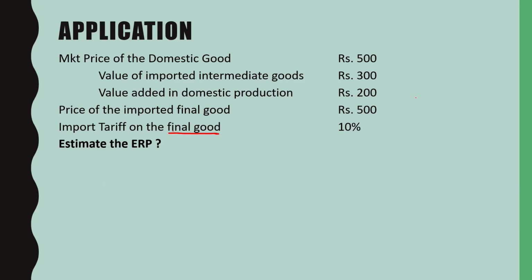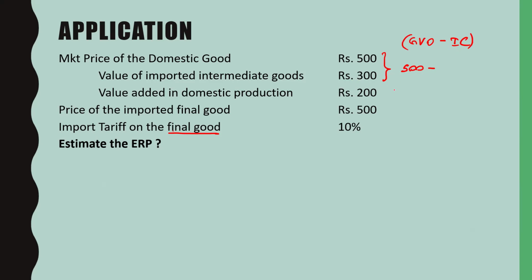You guys realize this difference, what this is? Basically how this 200 is created. Price is 500, minus raw materials, intermediate input. Remember, you guys know this, no? How do we calculate value addition? Gross value of output minus intermediate consumption.